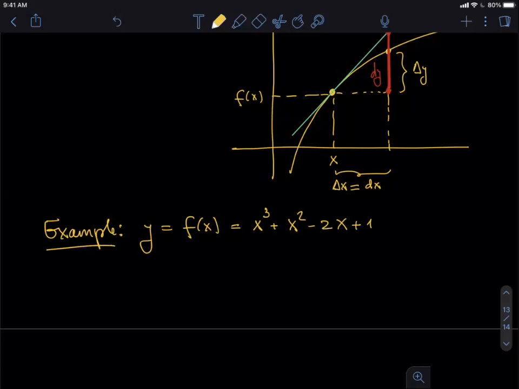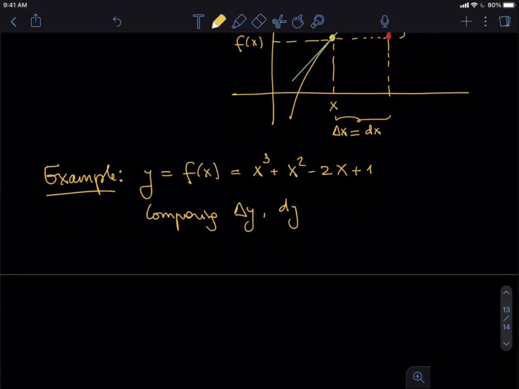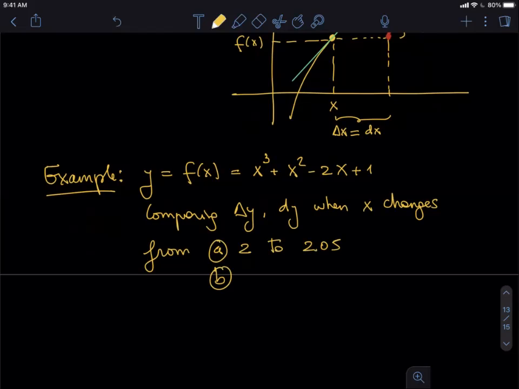Okay, and now you are interested in comparing what is the increment in y and the differential dy when x changes from, let's do 2 examples. It changes from 2 to 2.05, and it changes from 2 to 2.01.